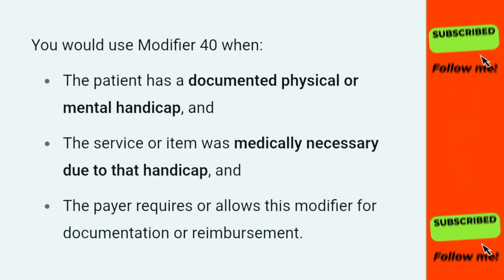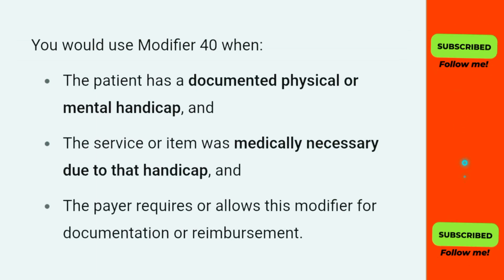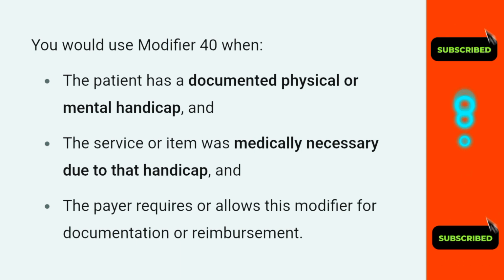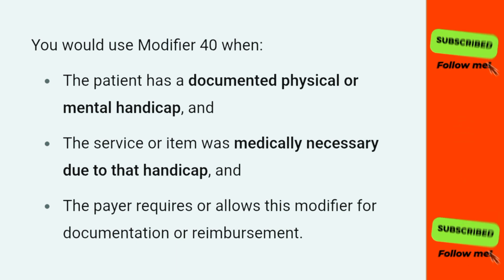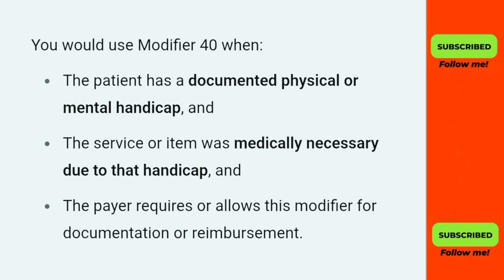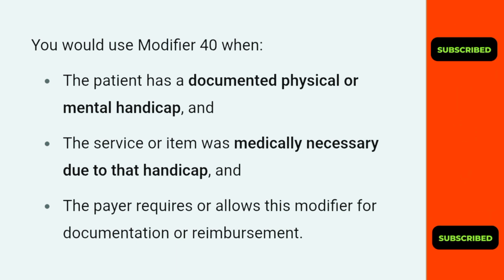You would use modifier 40 when the patient has a documented physical or mental handicap and the service or item was medically necessary due to that handicap, and the payer requires or allows this modifier for documentation or reimbursement.